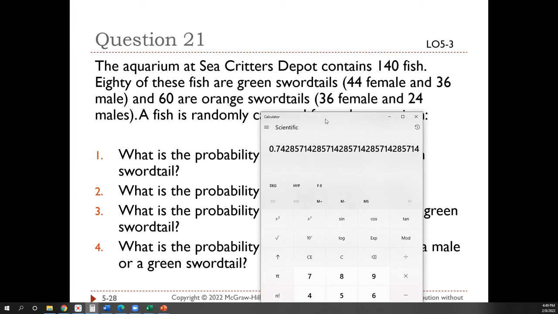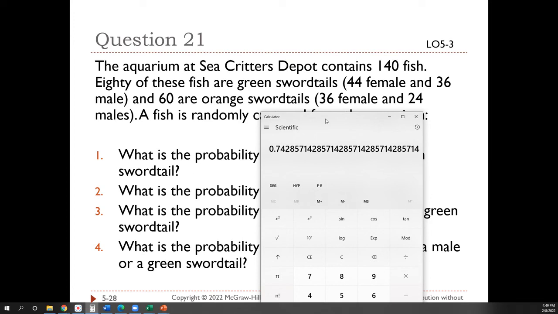Which turns out that the probability of selecting a fish that's either a male or a green swordtail, so basically it can be the green female, is sitting at about 0.74.